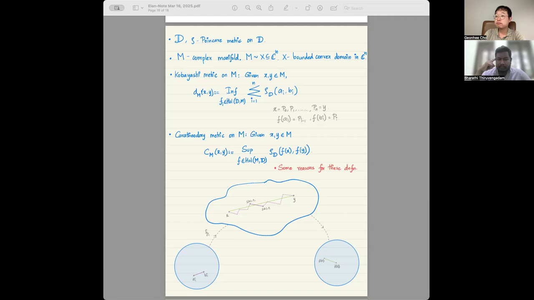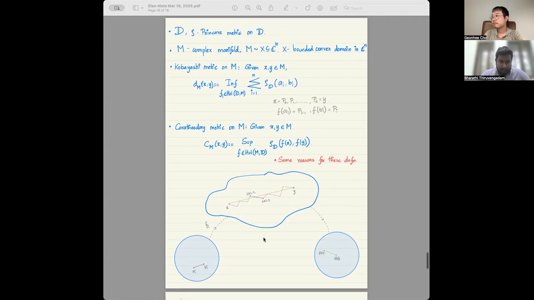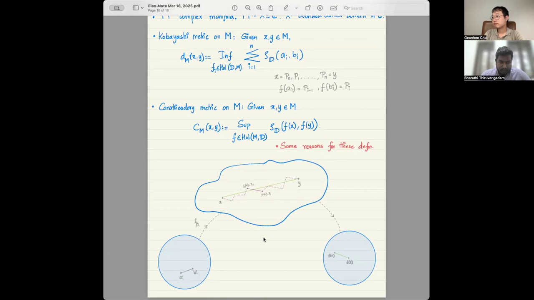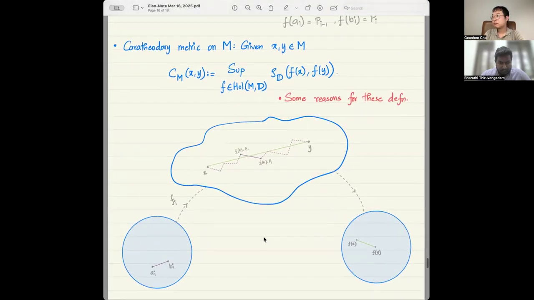So how is it done? You take two points x and y. For example, you can imagine the diagram that I've drawn below. You start with the ball on the left-hand side, and you take two points a_i and b_i that are mapped to the points p_{i-1} and p_i. This purple line on the bottom ball is mapped to the purple line there.